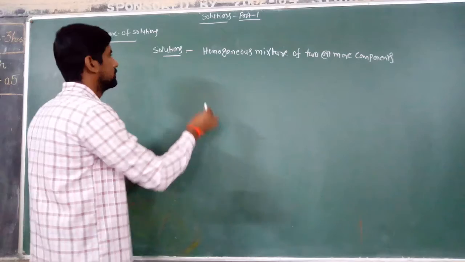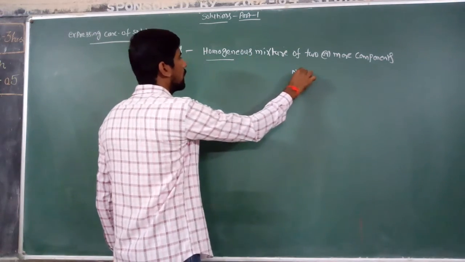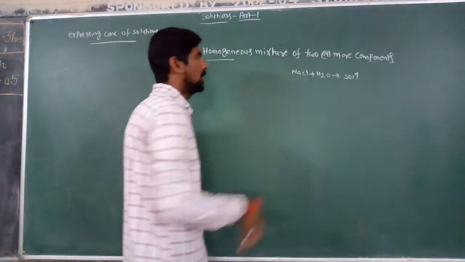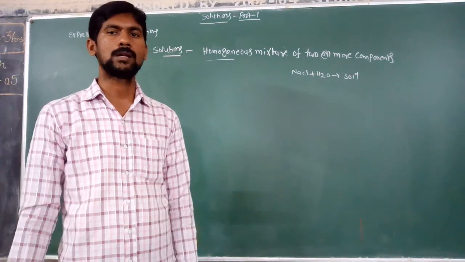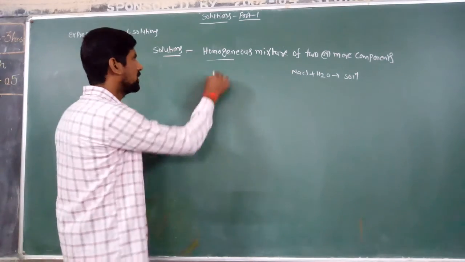For example, sodium chloride is soluble in water, and we get a salt solution. Sugar particles dissolved in water also give a solution. But what is the meaning of homogeneous?